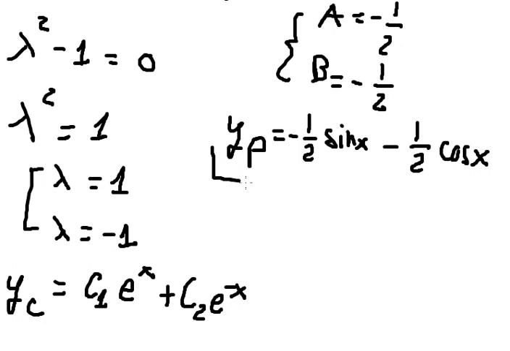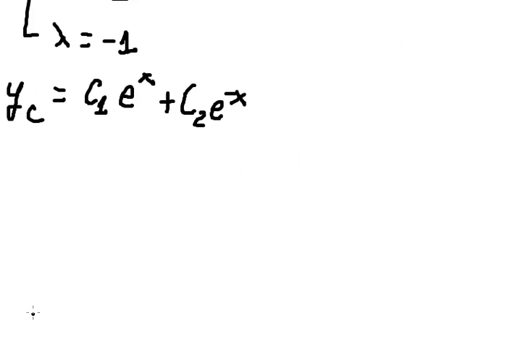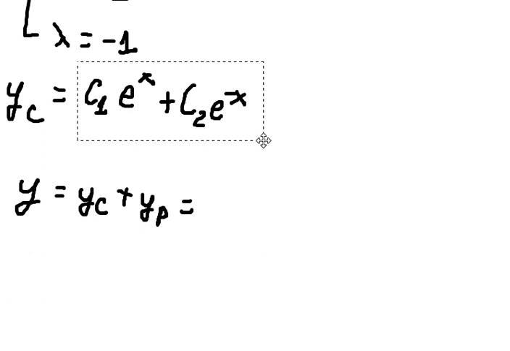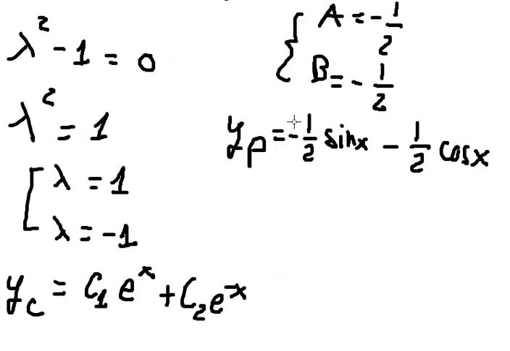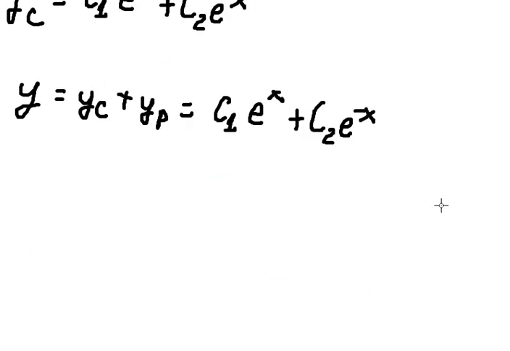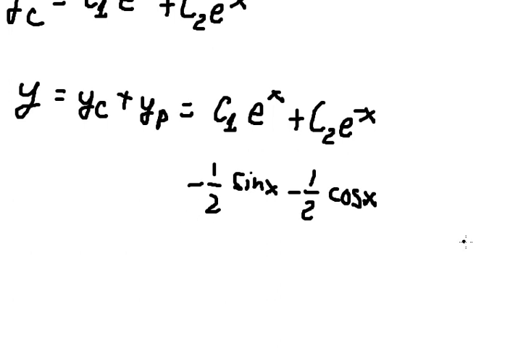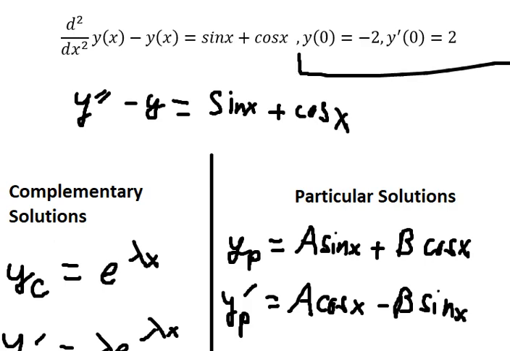Now we need to combine yb and yc. So yc is this one. yb is this one. After we got everything, we need to go back in here.